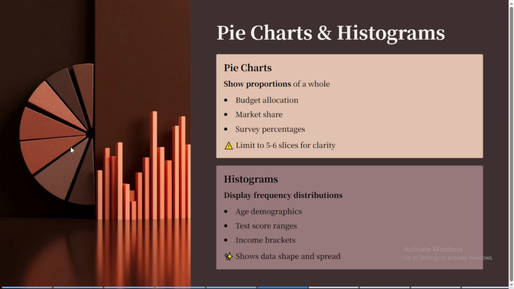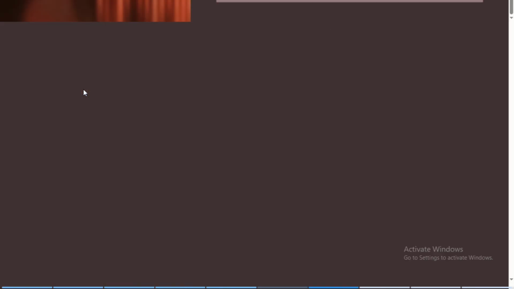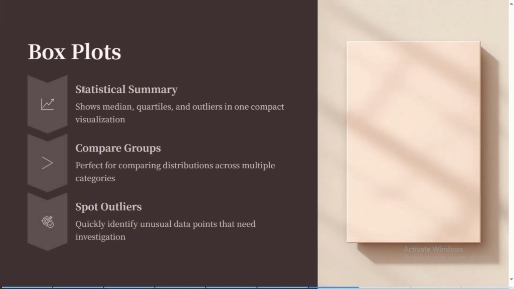So it goes from slice to slice. So it is very much advised to have pie charts with only 5 or 6 slices for better clarity. And these histograms are different, unlike the scatter plots.